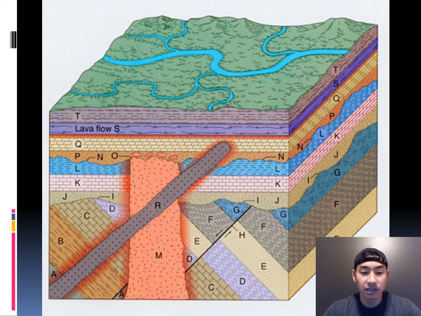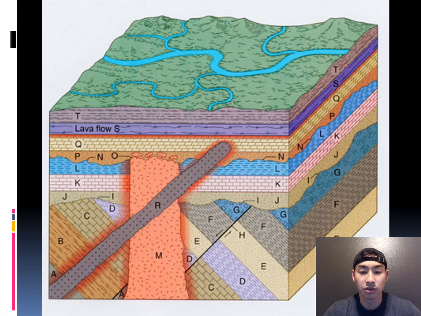If we see from A to T, A was deposited first, then B, then C, then D, all the way to G. The whole section was tilted 45 degrees.